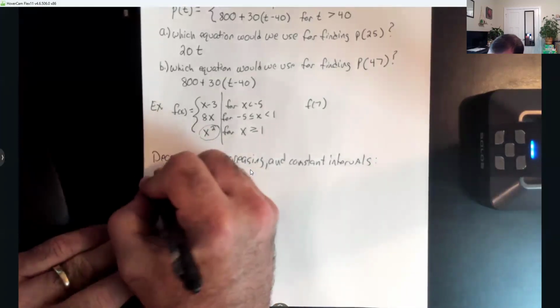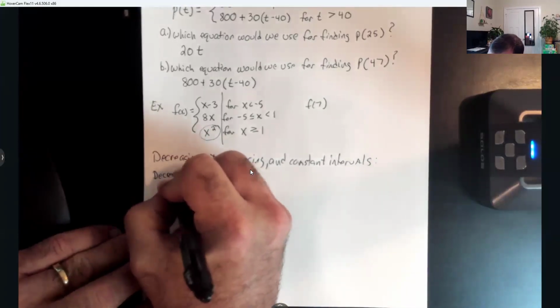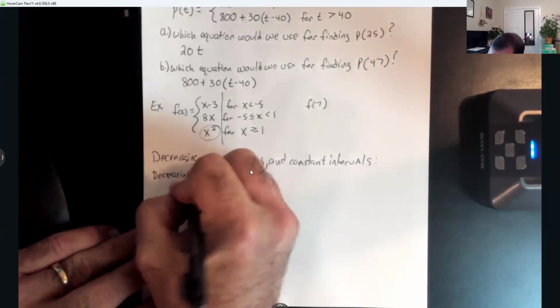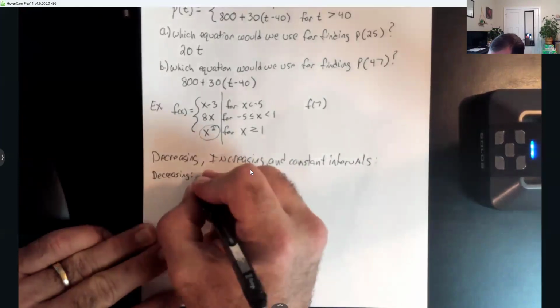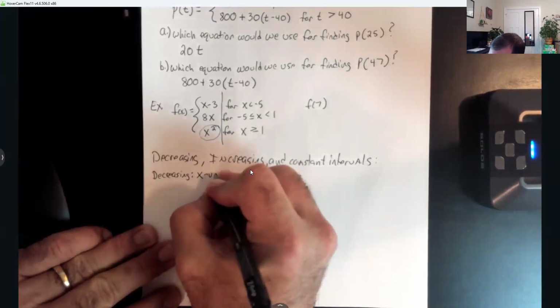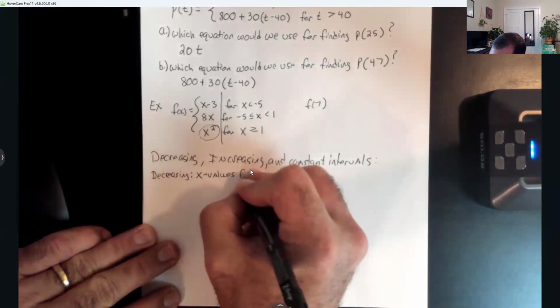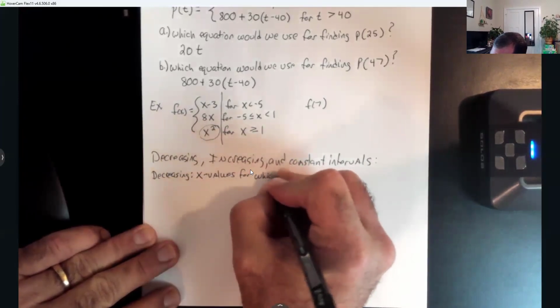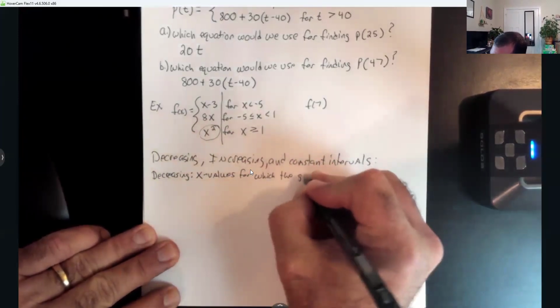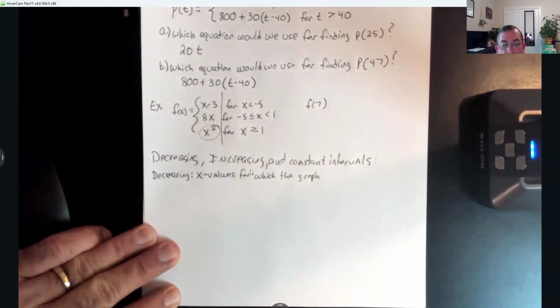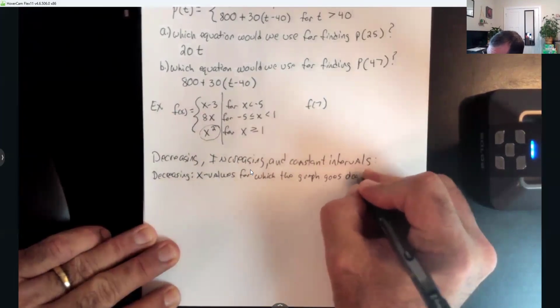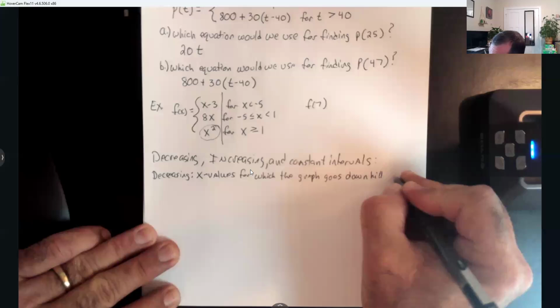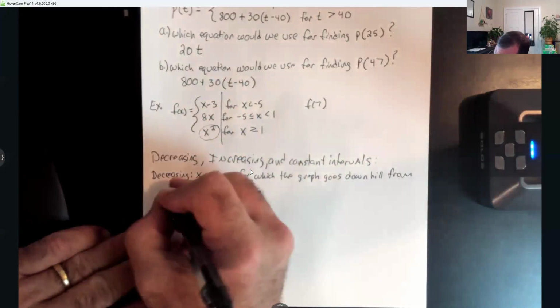So let me just define all these again. So decreasing are the x values for which the graph goes downhill from left to right.